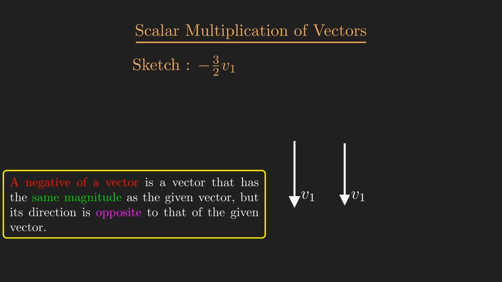This is my v1 there, and then this is my minus v1, and then that's my minus 3 over 2 times v1. Remember that 3 over 2 is 1.5, so that is my answer there. This green vector is equal to minus 3 over 2 times v1.